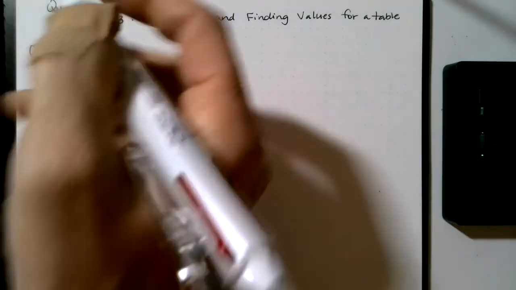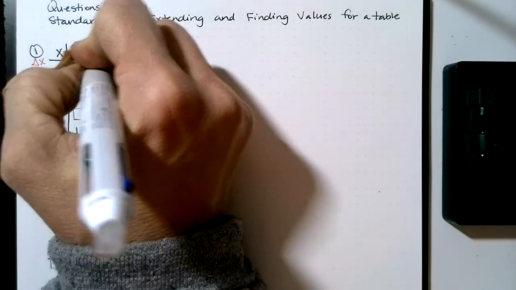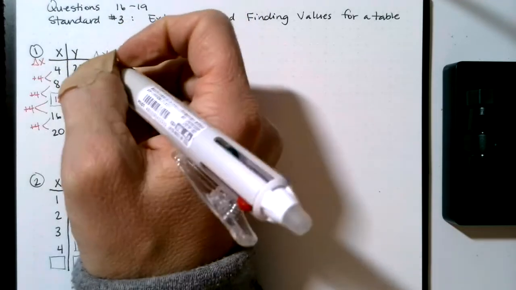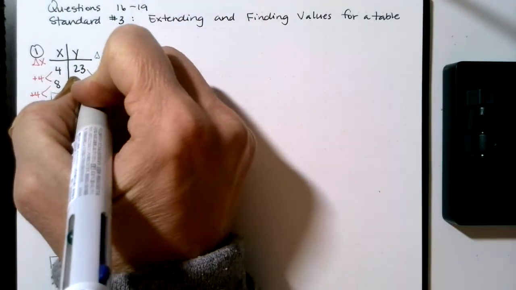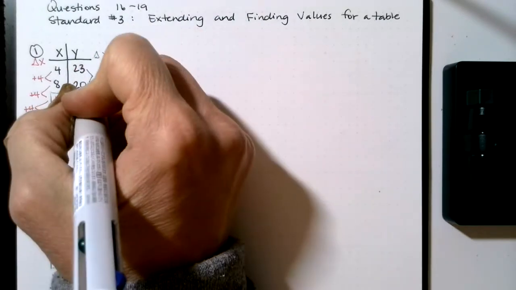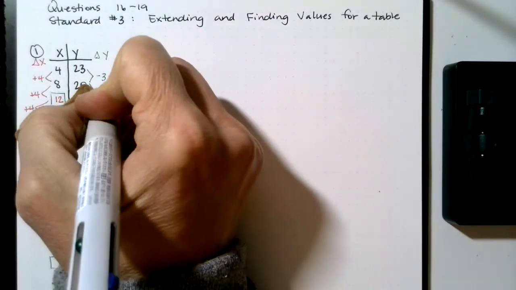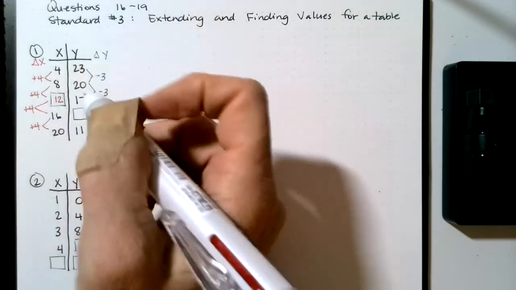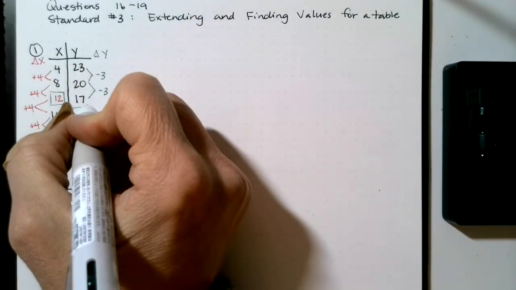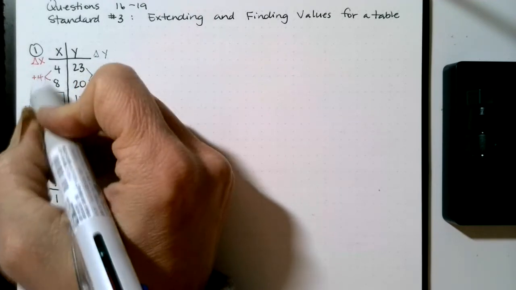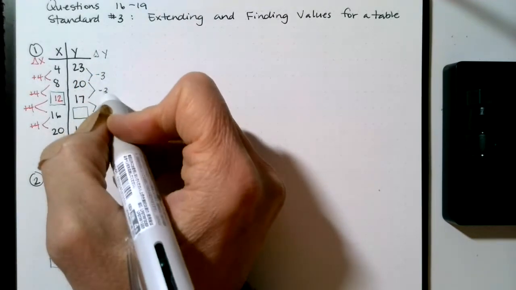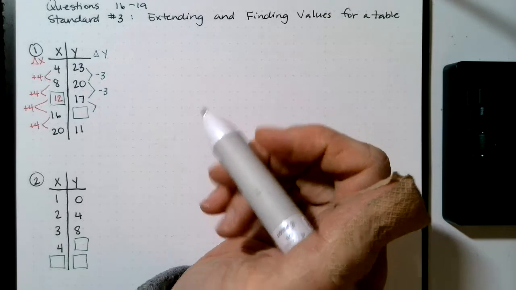Let's take a look at our change in y and see if that helps us predict. 23 minus 3 gives me 20. 20 minus 3 gives me 17. It seems likely, since the change in x was constant and 2 of our y's is constant, that that will hold true.